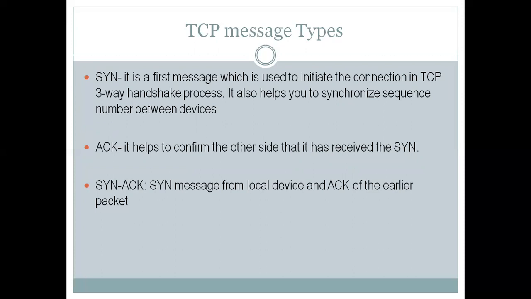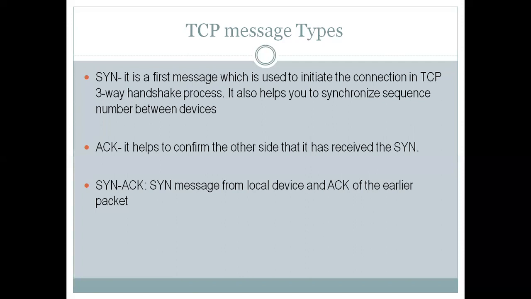When the first packet is received on the receiver side, the receiver reverts it back to the sender as an acknowledge or ACK message. SYN-ACK is the SYN message from the local device and the ACK of the earlier packet received.